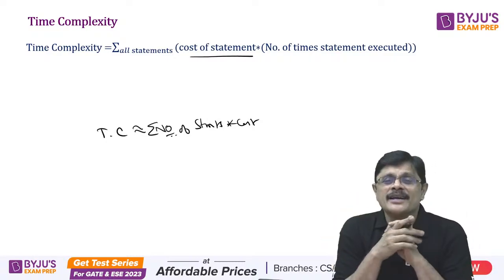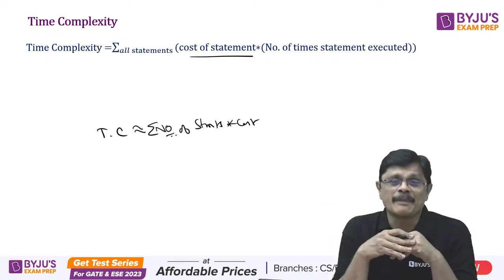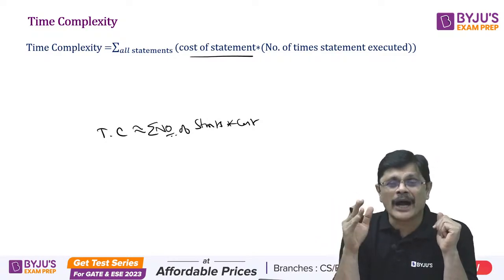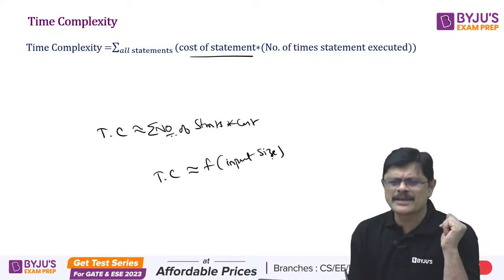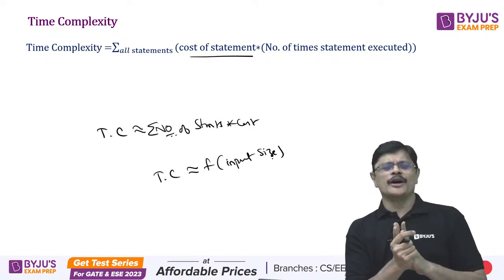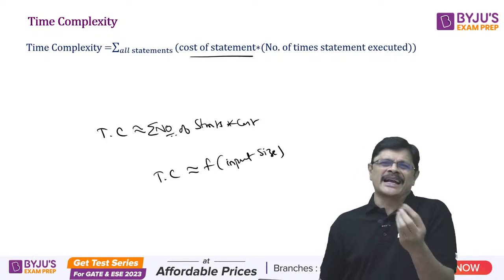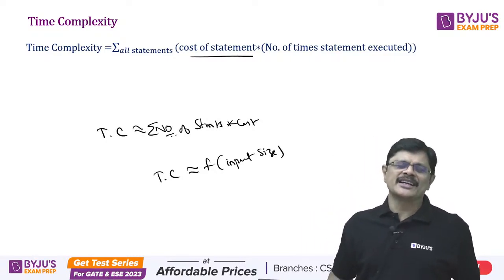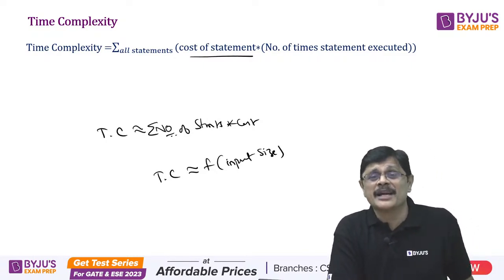But sometimes some statements may be repeated based on your input. So ultimately you can express the time complexity as a function of input size. For basic problems, like our sorting algorithms, input size is characterized by a single parameter, like the size of the array. But it is not necessary that input size is characterized by a single parameter. It can be characterized by multiple parameters.